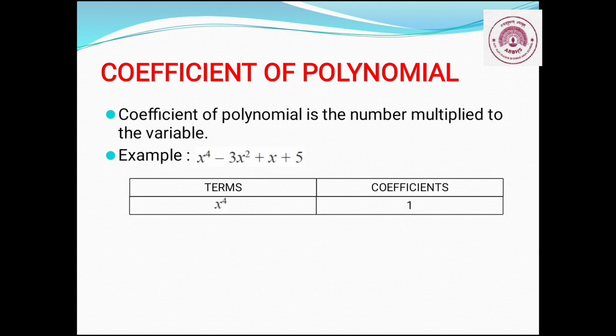The number multiplied to x raised to power 4 is 1. Therefore, the coefficient of x raised to power 4 is 1. The number multiplied to x square is negative 3.